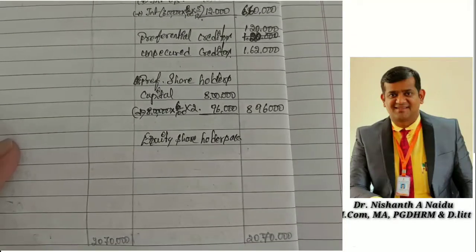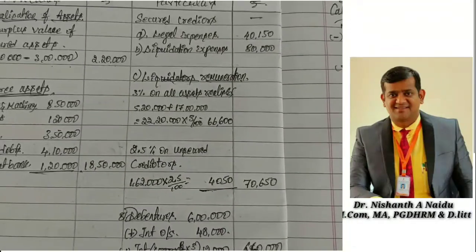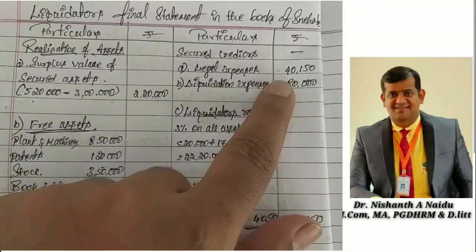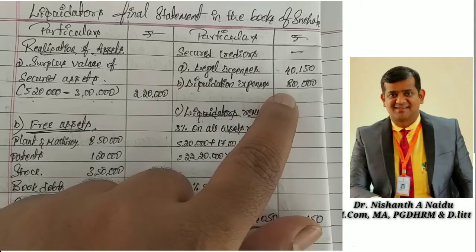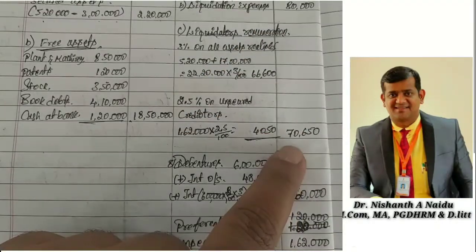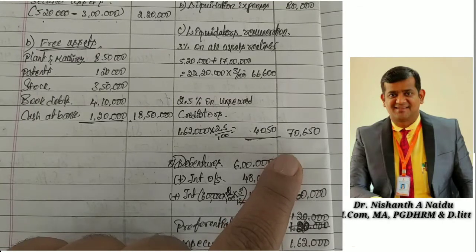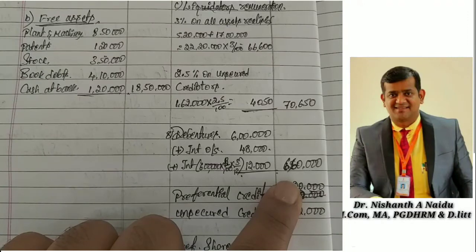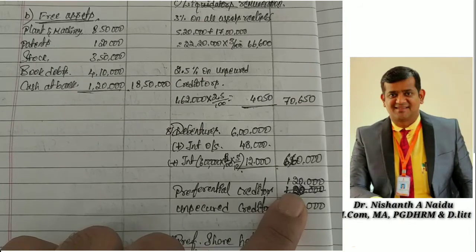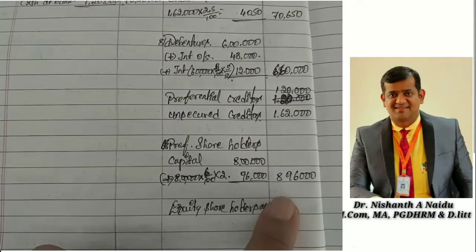Now minus 20 lakh 70,000 the payments we have made so far, which should be deducted: 40,150 paid for legal expenses, 80,000 paid for liquidation expenses, 70,650 remuneration to liquidator, 6,60,000 to debenture holders, 1,20,000 to preferential creditors, and 8,96,000 rupees paid to the preference shareholders.